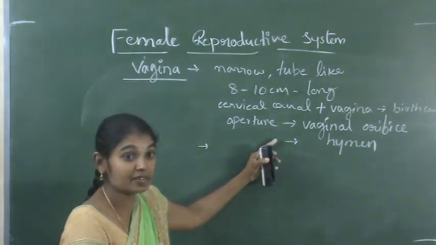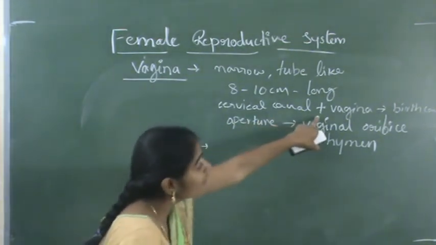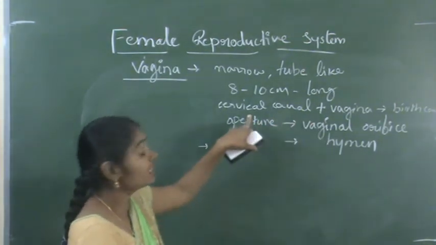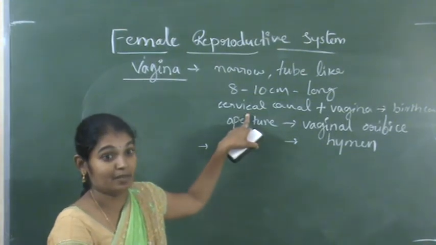This vaginal orifice actually forms the birth canal along with the cervical canal.